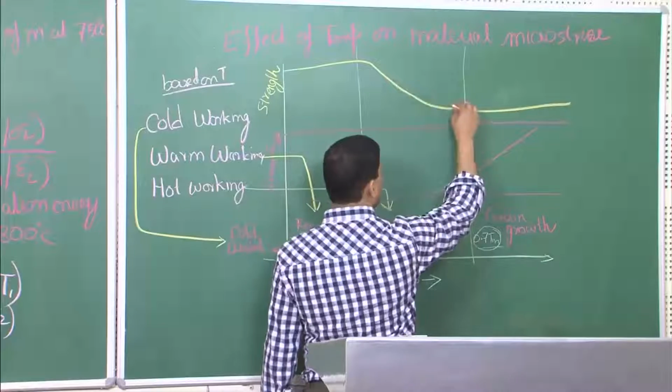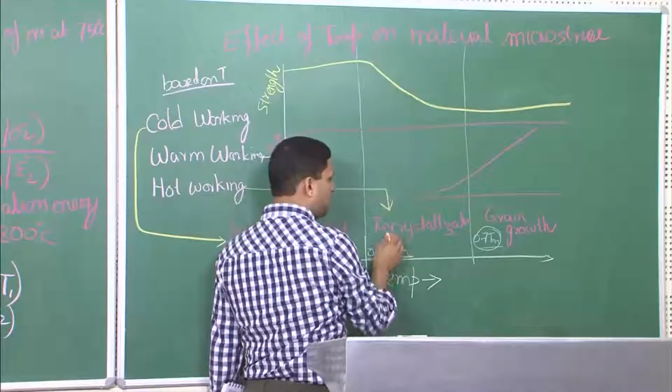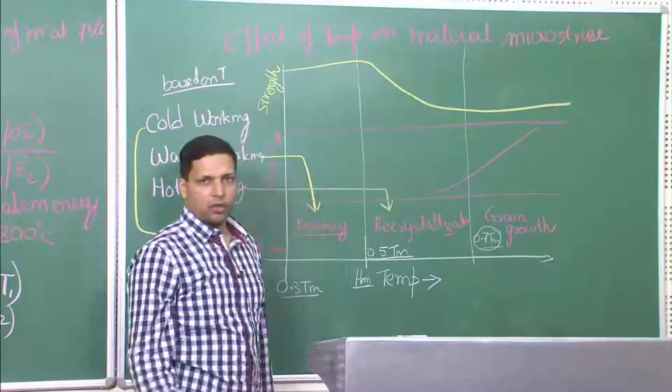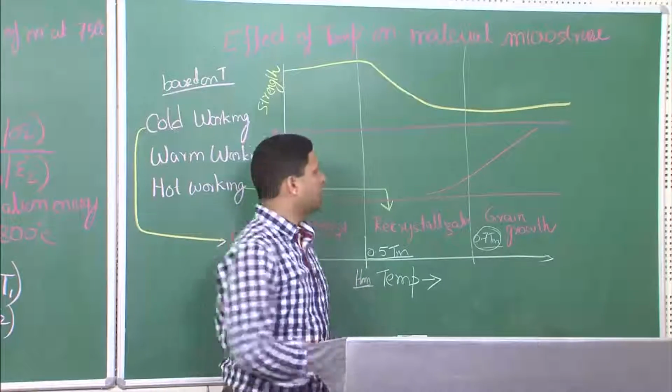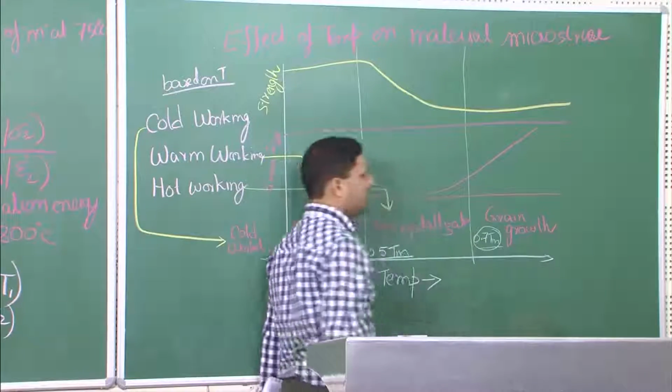So, you can see that the strength begins to decrease from the onset of recrystallization, and by the time you get to the grain growth region, where all the strain free grains have replaced the old deformed grains, your strength has dropped to a base level.